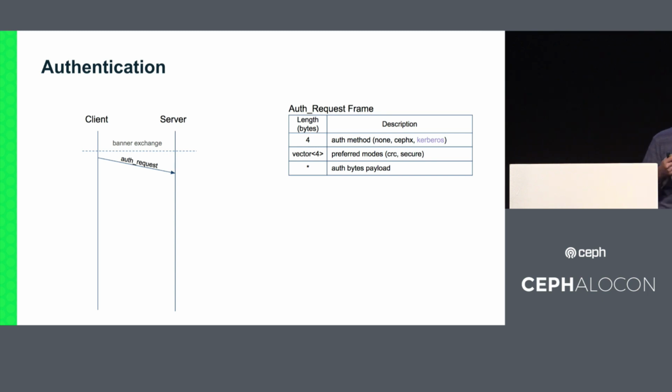CRC means our traffic is unencrypted and not signed, and we just make integrity checks using CRC codes. The secure mode, on the other hand, gives you the on-wire encryption functionality, so all traffic will be encrypted and signed.